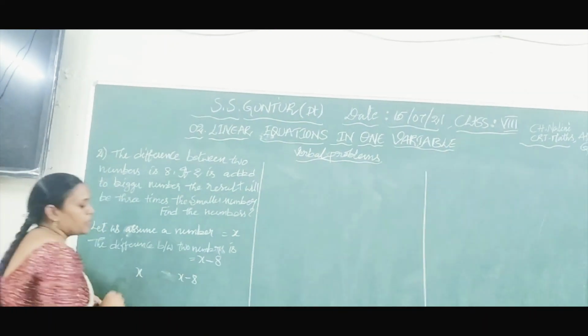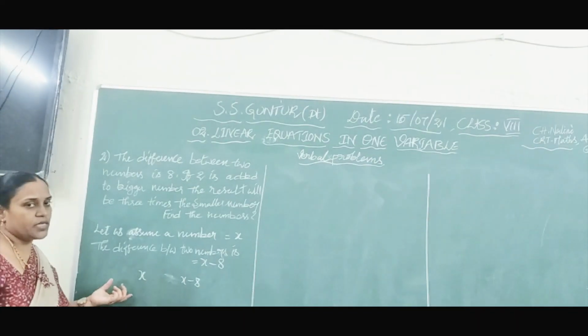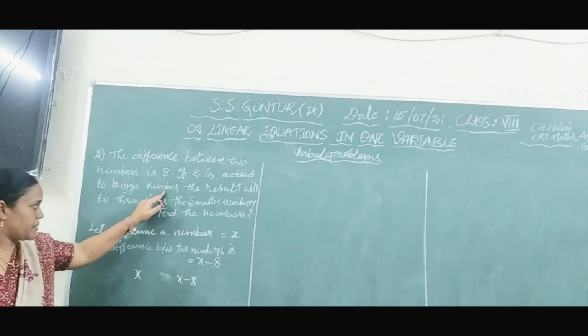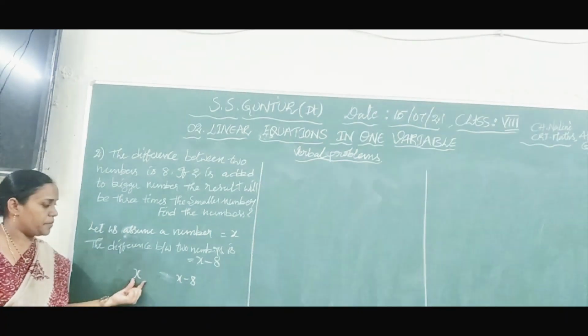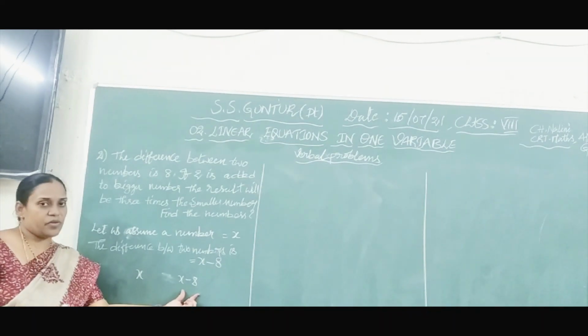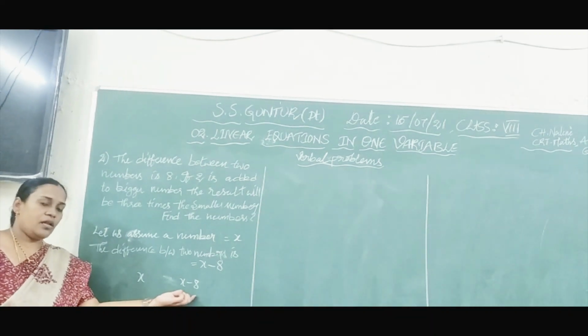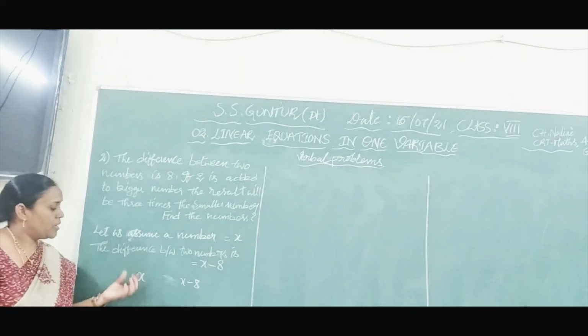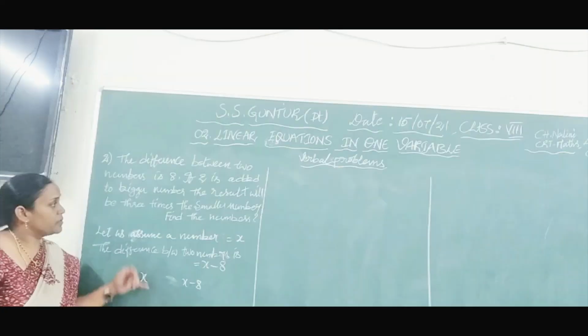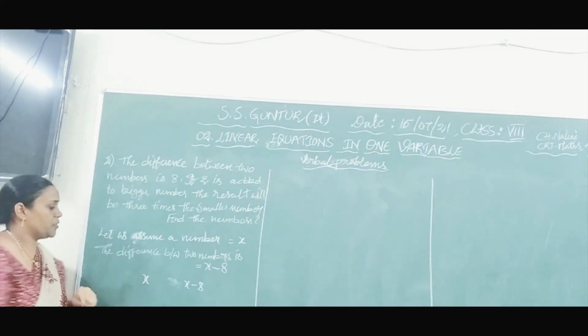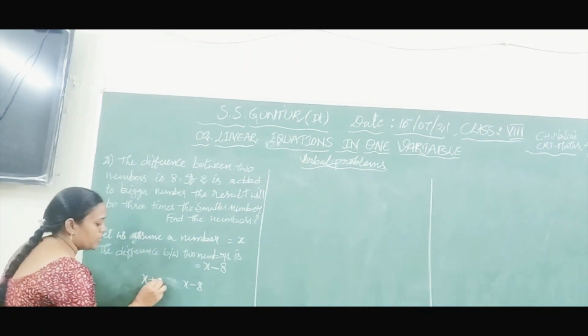Now kindly observe this. If x is the bigger number, x minus 8 is obviously the smaller number. Now you have to add 2 to the bigger number.